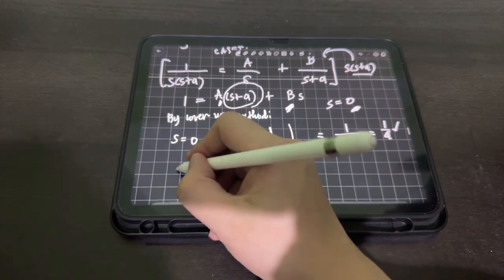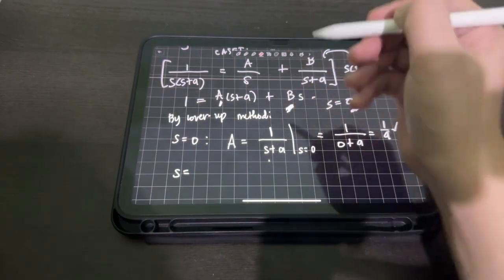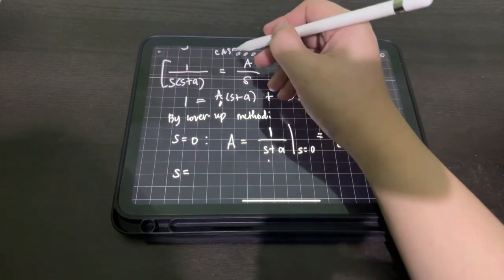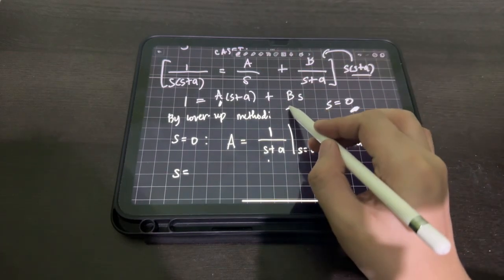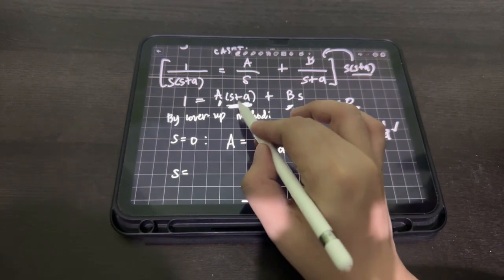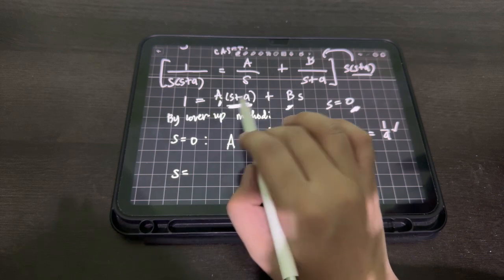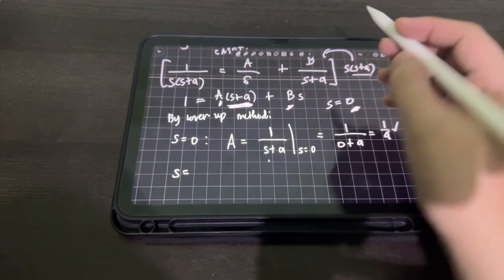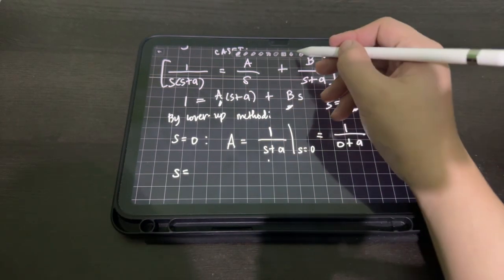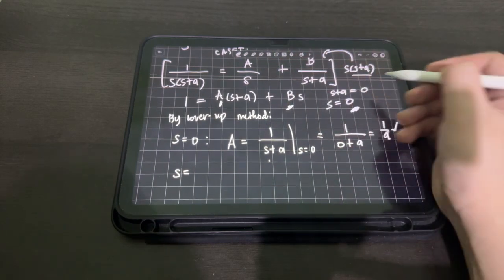How about if you want to solve for B? What value of S will we have? This time, since we're solving for B, look for the factor of the other unknown, which is the capital A. Its factor is S plus a. Equate that to 0, so S plus a is equal to 0.